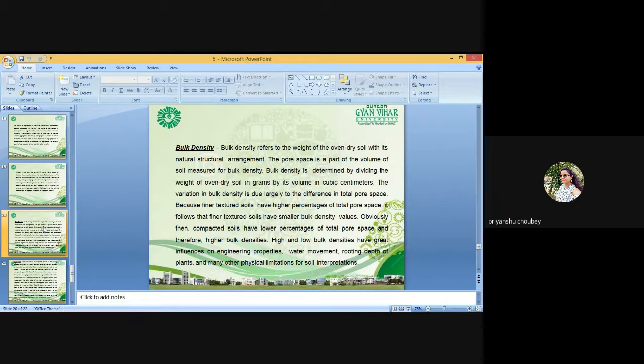If the pores constitute half of the volume of soil, then bulk density is half of the particle density, and then bulk density will range between 1.30 to 1.35 megagram per meter cube.